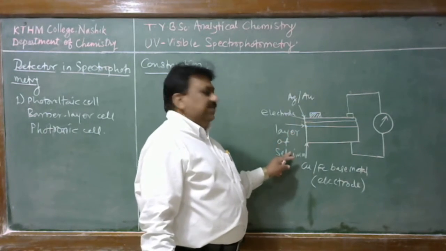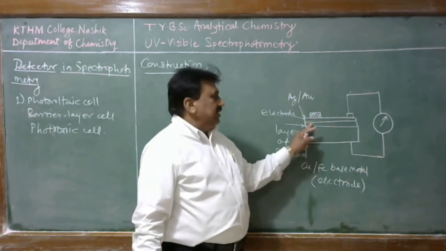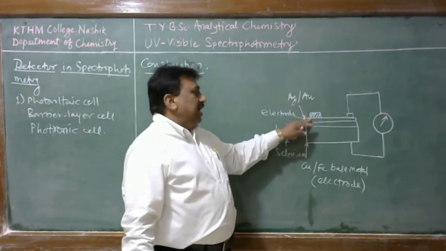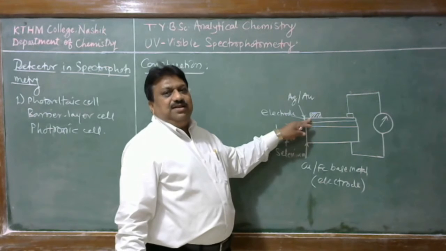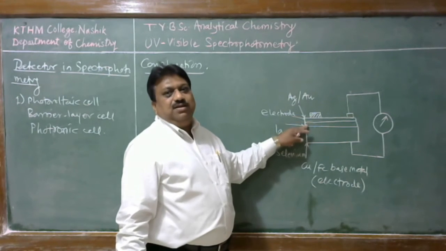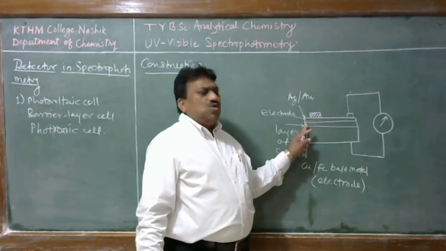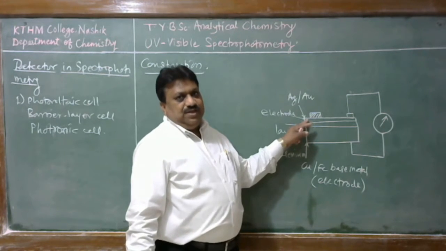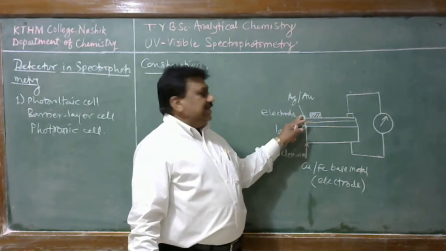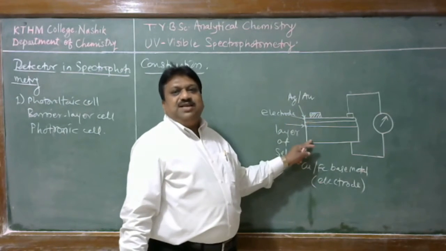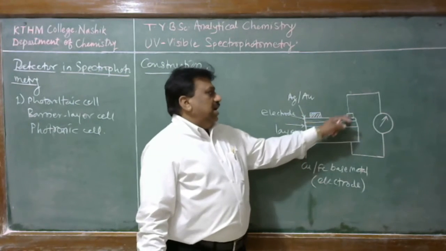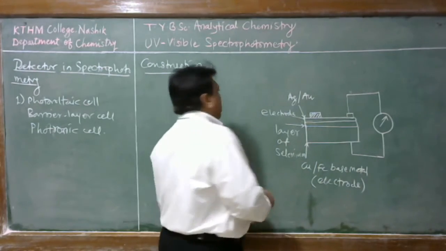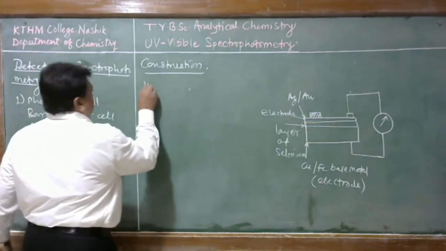Therefore, selenium, that is a semiconducting material, is coated over this base metal, and it is then protected by means of a thin layer of silver or gold foil. Silver or gold foil acts as an electrode as well as base metal acts as an electrode, and both electrodes are coupled through galvanometer. Now how does it work? Working.